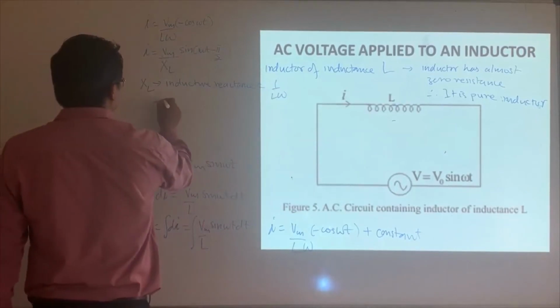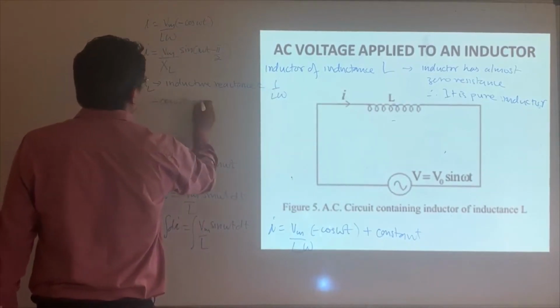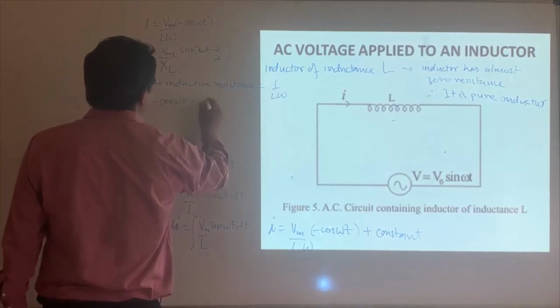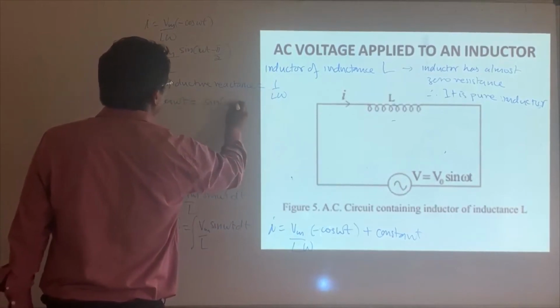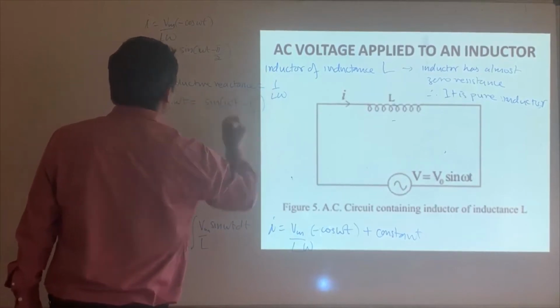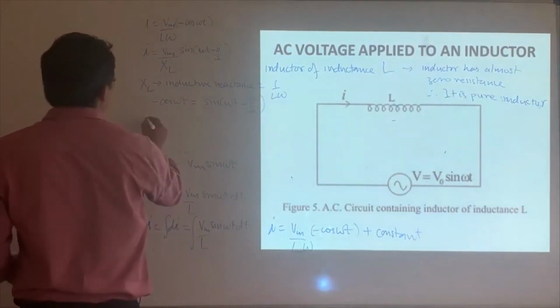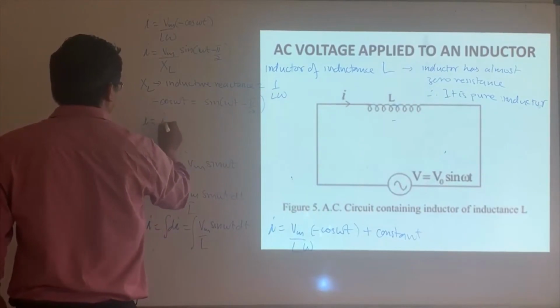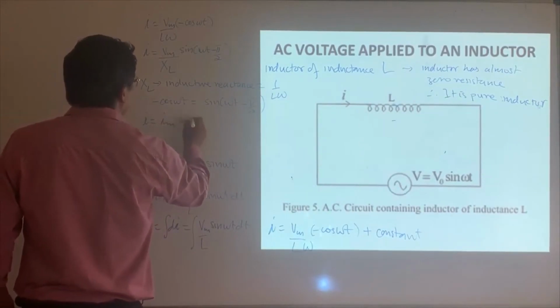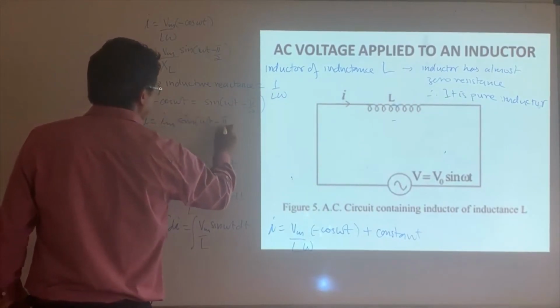And minus cos omega t is written as sine omega t minus pi by 2, this is the identity, right? I'm not going to explain much. You need to know this. So having this, I is equal to Im sine omega t minus pi by 2.